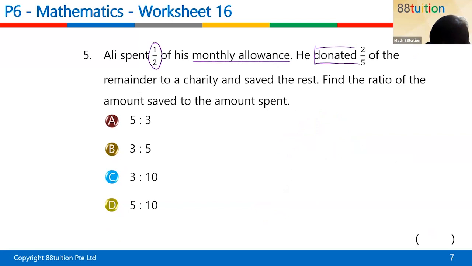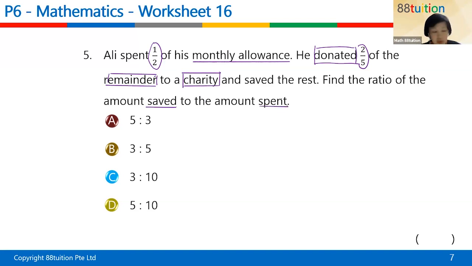Then he donated 2/5 of the remainder. Okay, with charity. So this one is meant for charity. And saved the rest. Find the ratio of the amount saved to the amount spent.